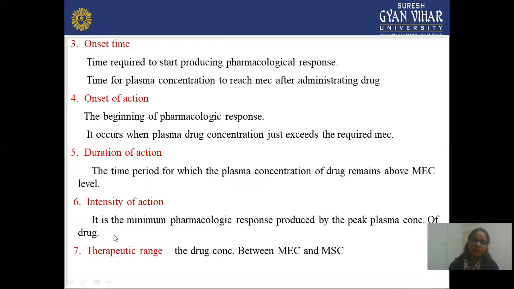Next in the pharmacodynamic parameters is the onset time. Onset time is the time required to start producing the pharmacological response, the time for plasma concentration to reach MEC after administration of the drug. It means how much time is required to start producing the desired therapeutic or pharmacological effect, and in this time the plasma concentration reaches MEC after administering the drug.